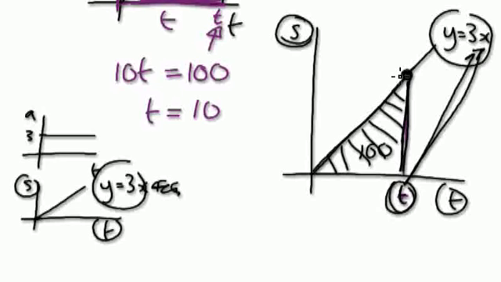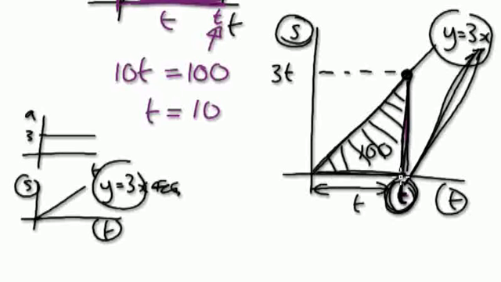So the height here will be, if you put t into the x here, the speed here will be 3t. And then the distance across here is t, because we want to find out the value of t here when it would give us an area of 100.